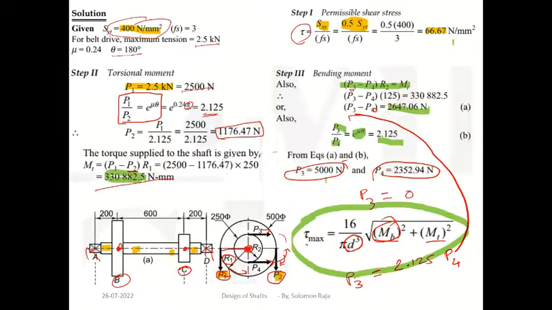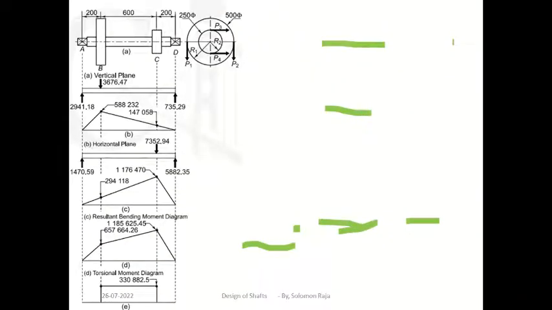We have to find out P1, P2, P3, P4. They have given P1 value. We have to find out P2, P3, P4 values. Two forces were horizontal, two forces were vertical. P1, P2 vertical, P3, P4 horizontal. For every horizontal and every vertical, we have to find out the reaction forces.